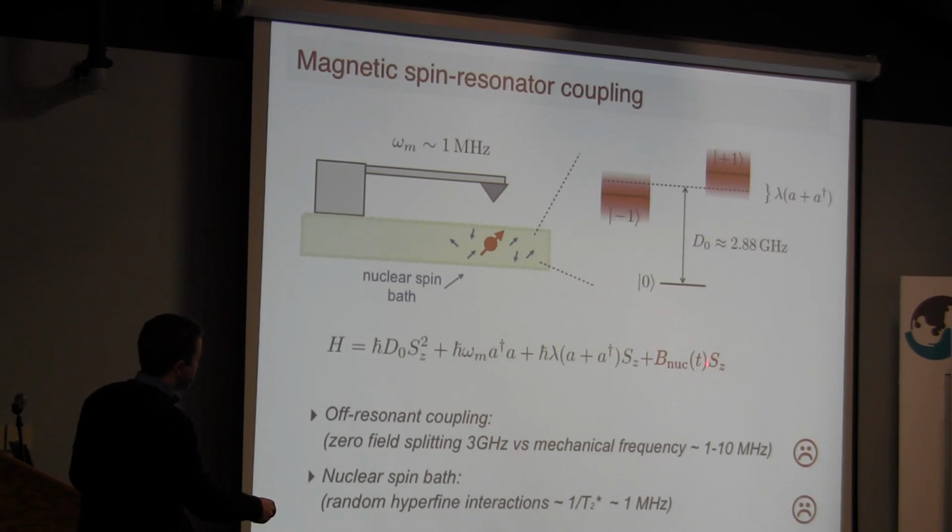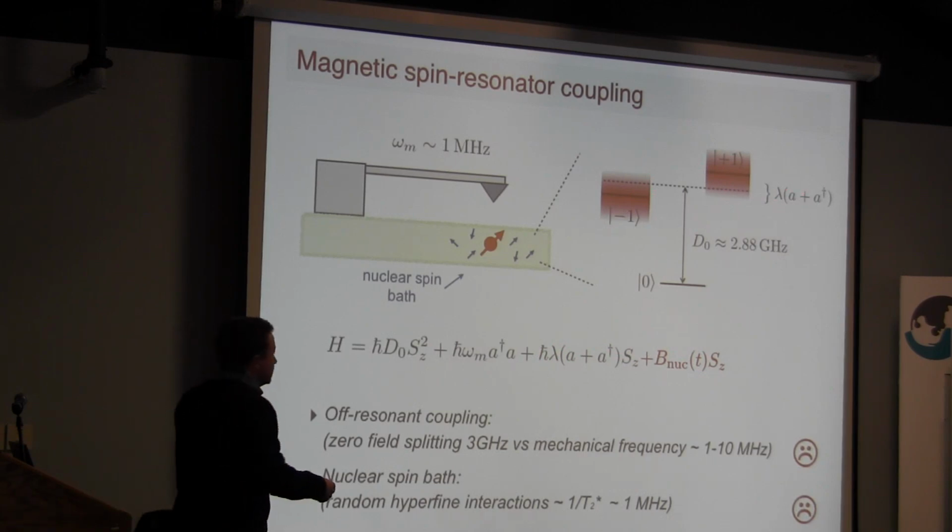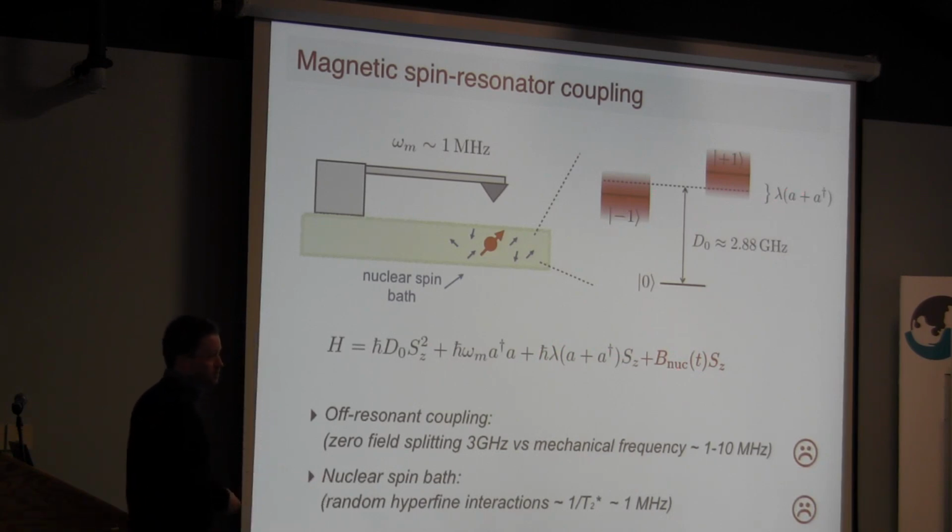This type of interaction has the same form: instead of the resonator I want to detect, I have this nuclear field which shifts the level. So the question is, can I even resolve this if I have this nuclear field around?